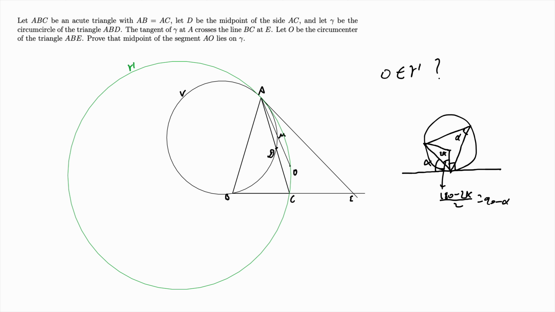Let's call this angle, why can't I draw today? Yeah, let's call this one last time. No. Sorry, let's call this angle beta.